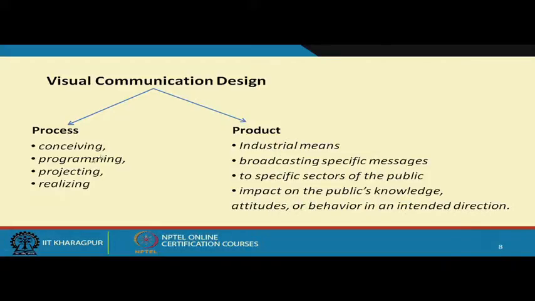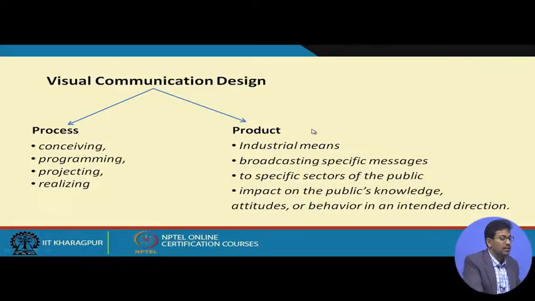And as an outcome of that process, what we have is visual communication design as a product, where many a times the characteristic of that product is that it is developed by industrial means in many cases.